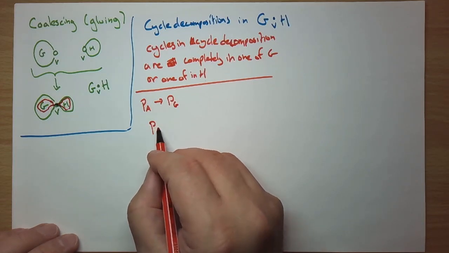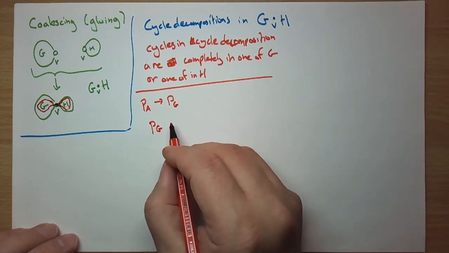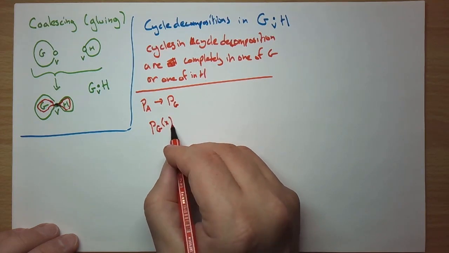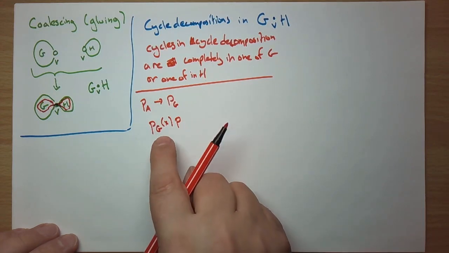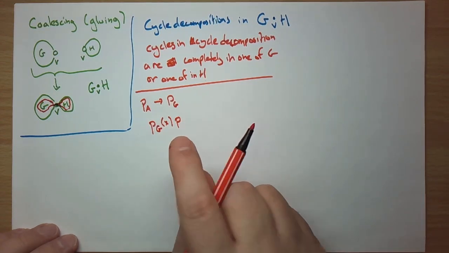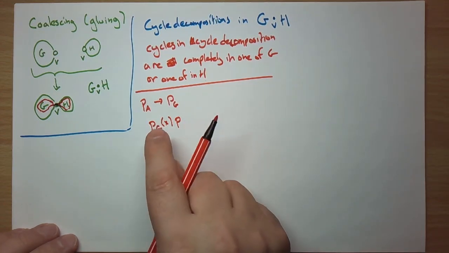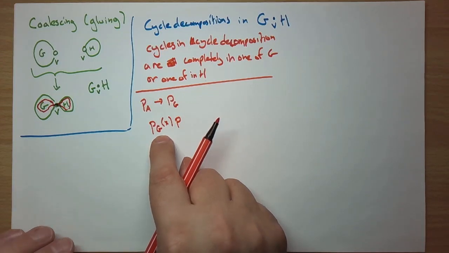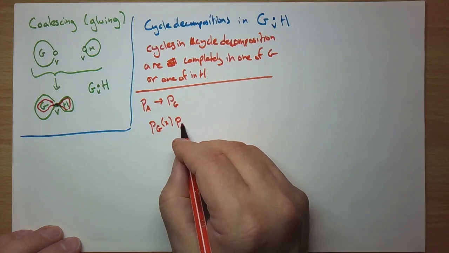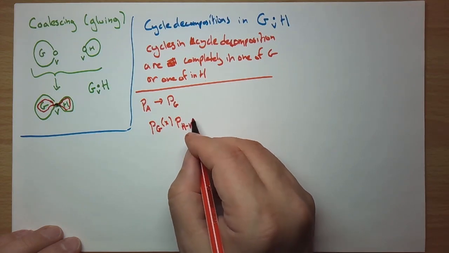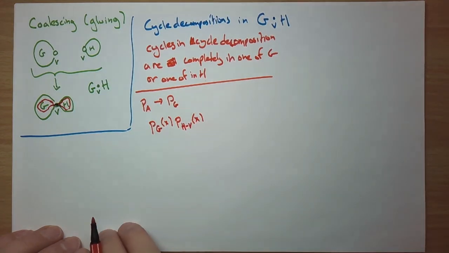We can take P of G and multiply it by P of H minus V of X. The way we're thinking about this, these are all the sums of cycle decompositions.